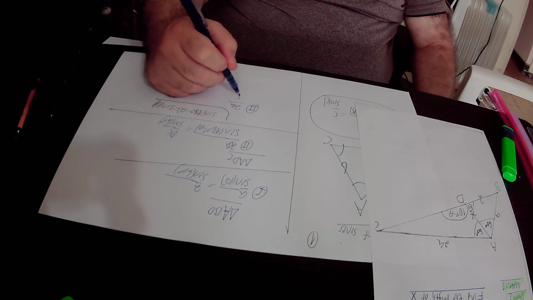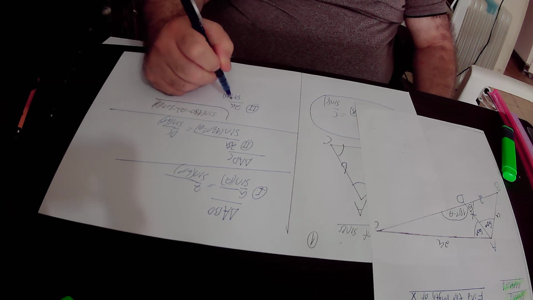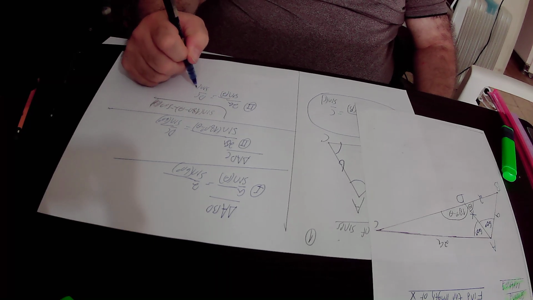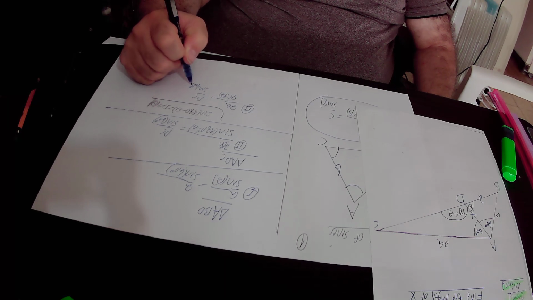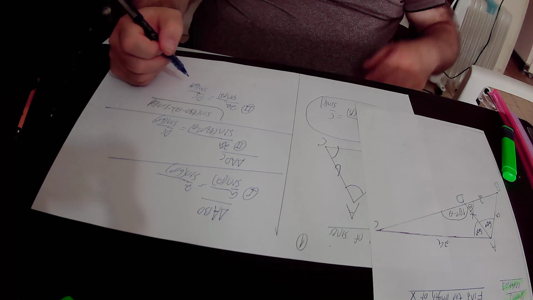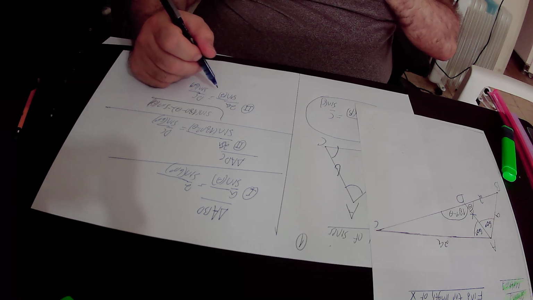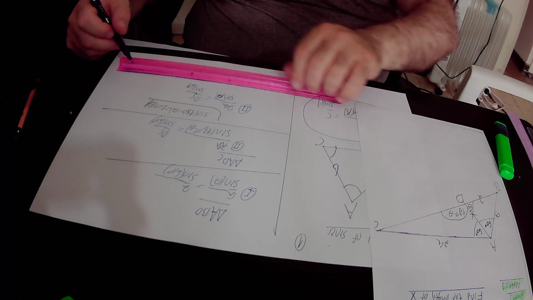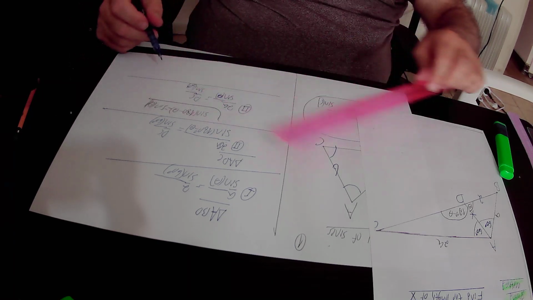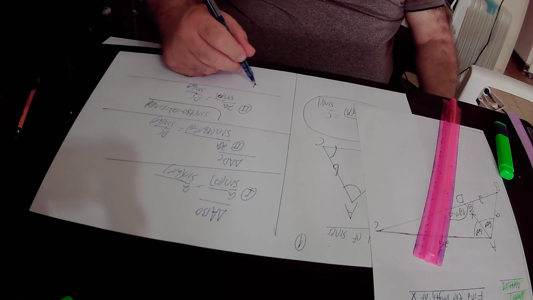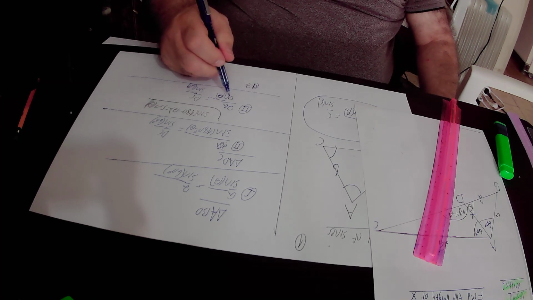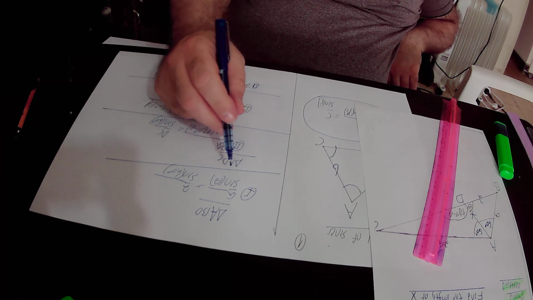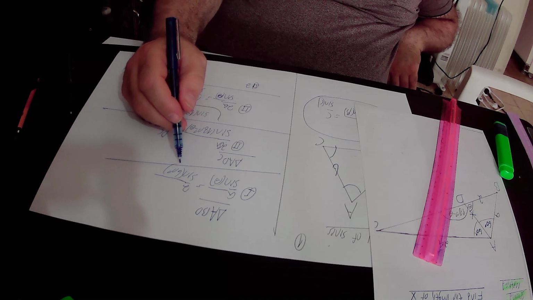2a over sine theta equals DC over sine 60 degrees. So in equation number 2 we have 2 times a over sine theta, but according to equation number 1, we know that a over sine theta equals 2 over sine 60 degrees.